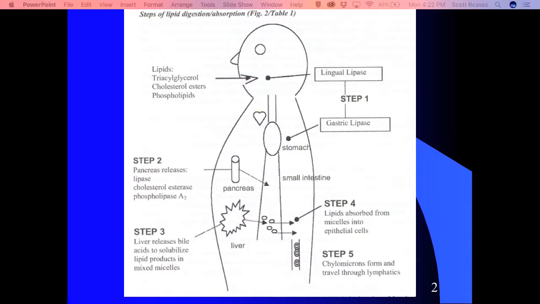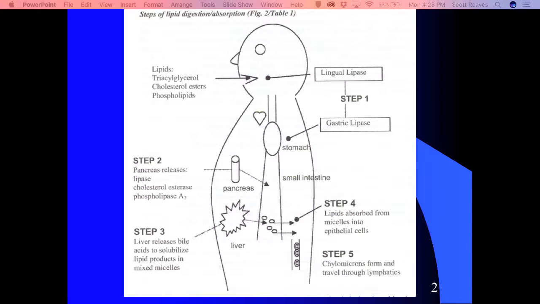And step 3, we're going to say liver. What else are we missing on there? Liver releases bile. Gallbladder. Good. Liver and gallbladder release bile and bile acids, so the mixed micelles can be formed, so we'll talk about that. So that's basically at the same time.